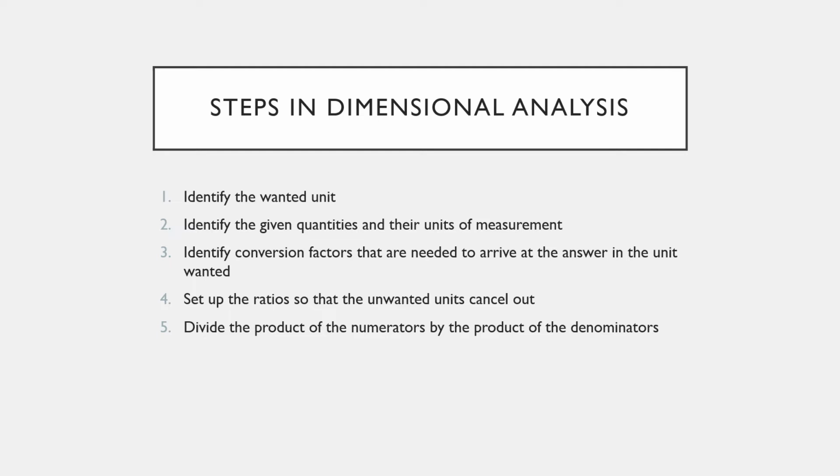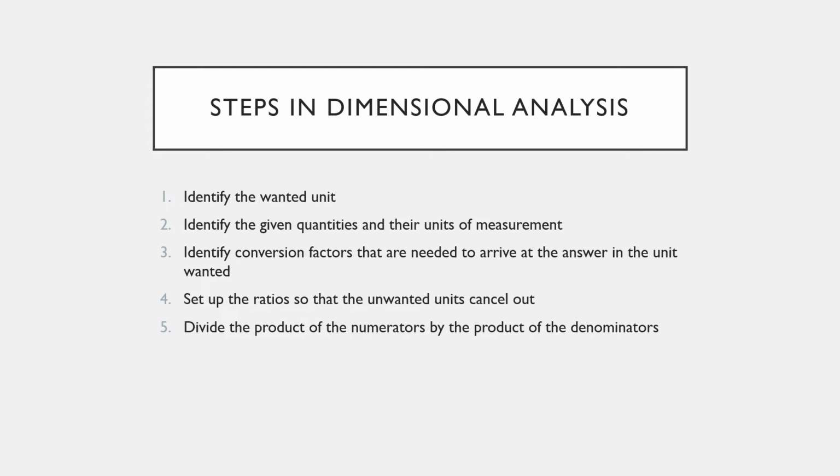The next step is to set up your ratios so that the unwanted unit cancel out. And remember, in order for that to happen, one has to be on the top, one has to be on the bottom. So in this example, if 3 liters is a given, you have the conversion factor, 1 liter equal to 1,000 milliliters, and you're trying to find milliliter.